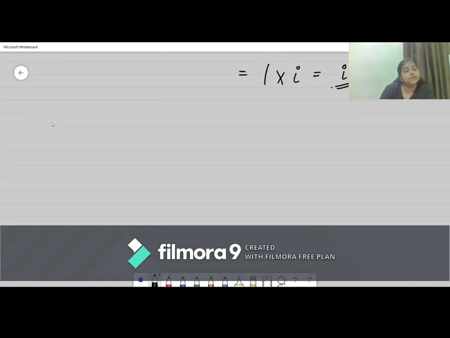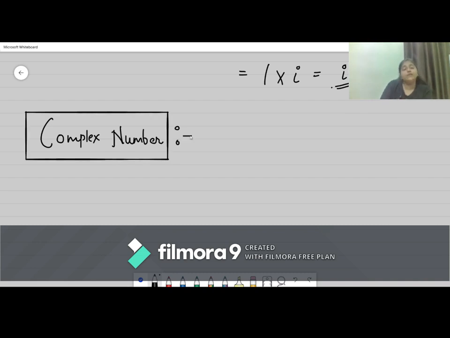Now, let's define a complex number. I will first give you the definition of complex number और फिर हम समझेंगे कि complex number क्या है. Let me define it first. Look carefully.